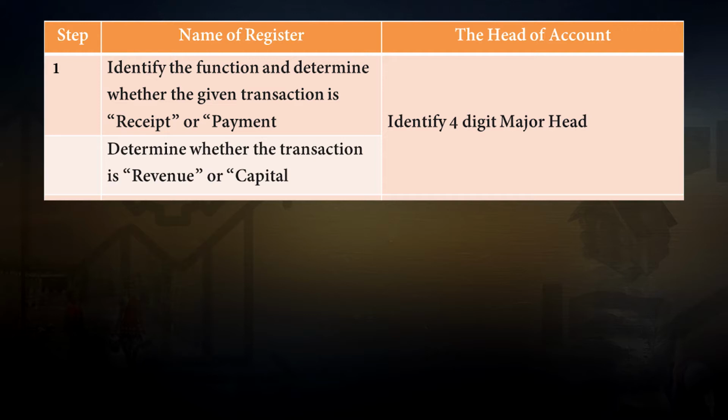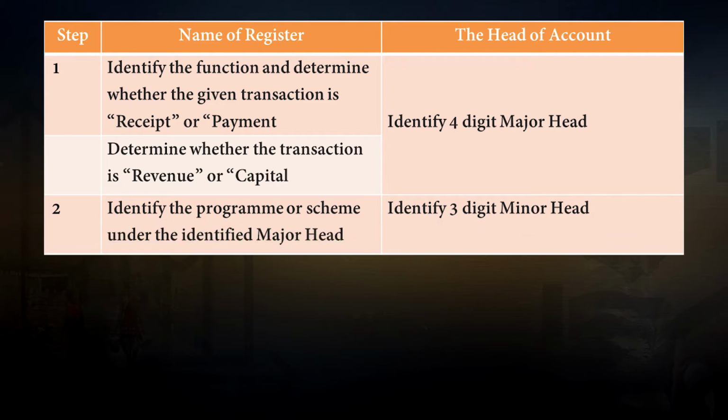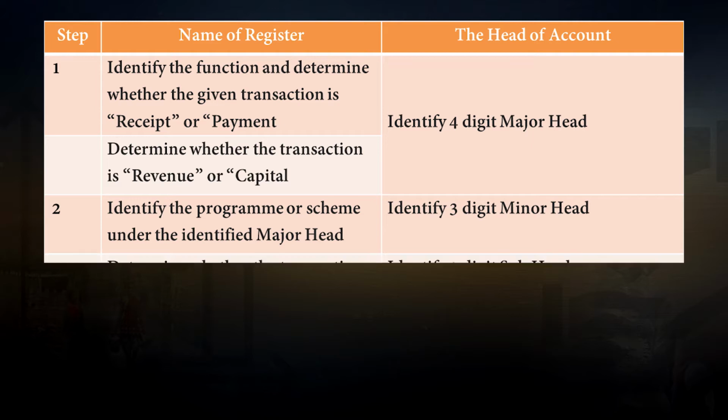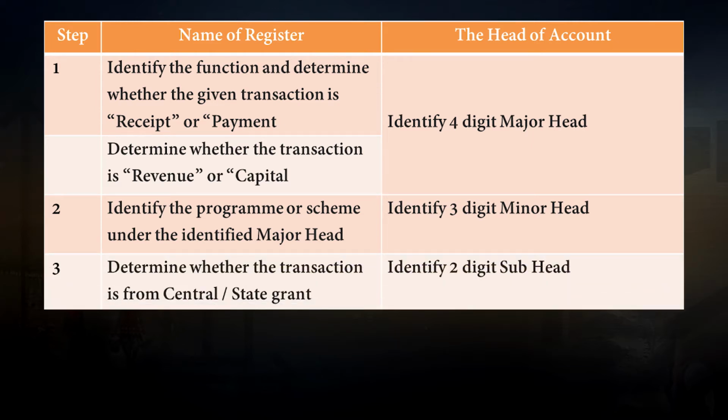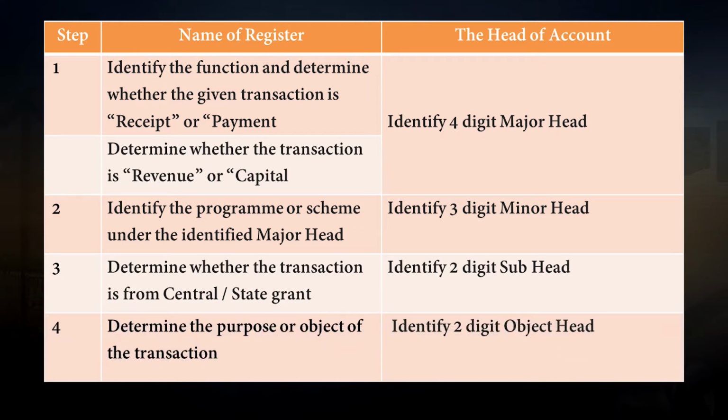They come under identifying the 4-digit major head. Step 2. Identify the program or scheme under the identified major head. This comes under identifying the 3-digit minor head. Step 3. Determine whether the transaction is from central or state grant. This comes under identifying the 2-digit subhead. Step 4. Determine the purpose or object of the transaction. This comes under identifying the 2-digit object head.